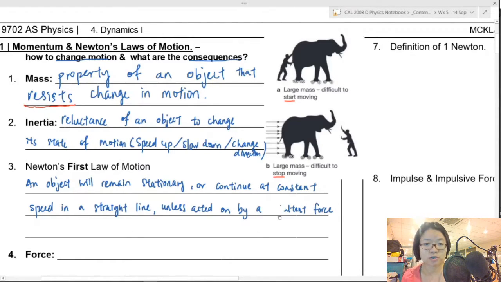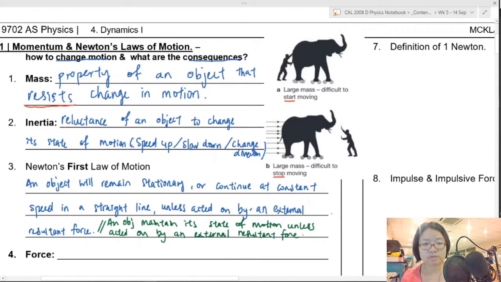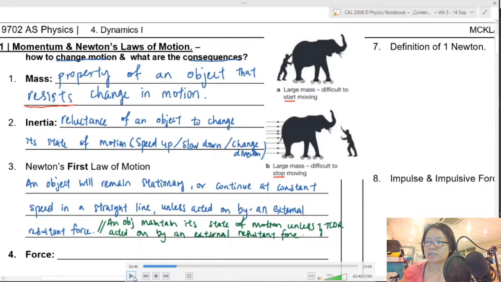So as long as you have a resultant force, or specifically an unbalanced force, it must be from some external resultant or external unbalanced force, then the object will begin to change its motion. The short version of this sentence would be: an object maintains its state of motion unless acted on by an external resultant force. So always think about the question this way.